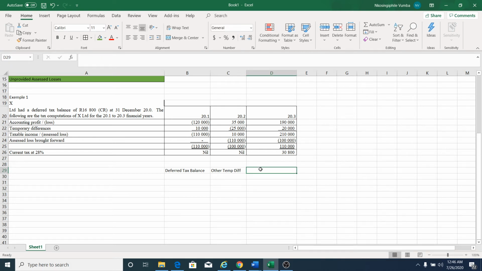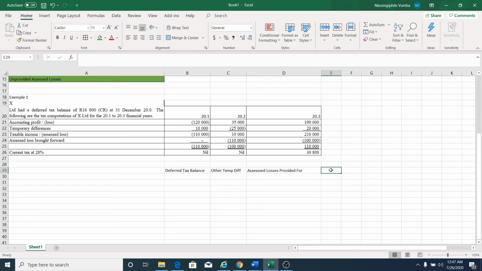We have assessed losses provided for, and then we have assessed losses unprovided for.